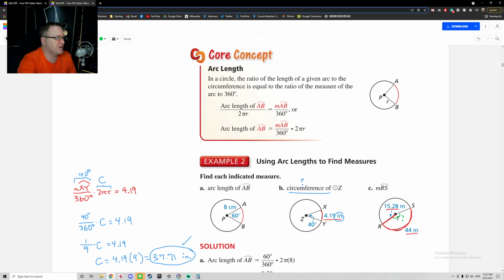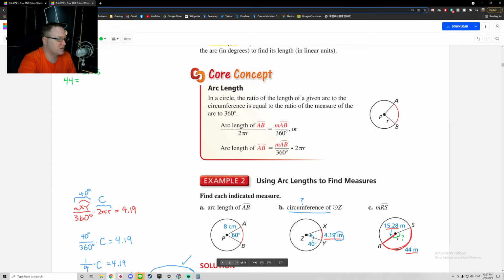What is our formula? Well, we know that the arc length, which is 44, is going to equal, and what is the formula? The measure of the arc, which is arc RS, so measure of RS divided by 360 degrees, and then that's times 2 pi r, which they already told us is 15.28.